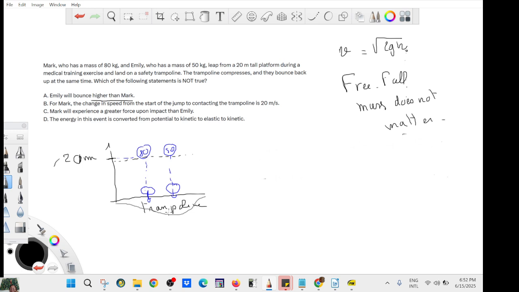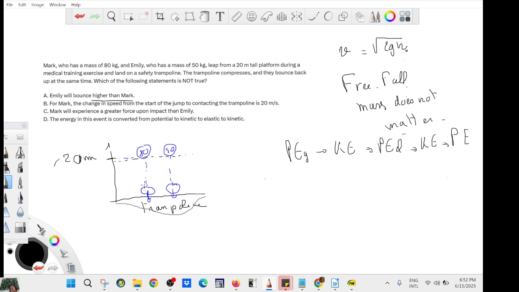And then they hit a trampoline. So that kinetic energy will be converted to elastic potential energy, back to kinetic, and back to potential energy. If you think of conservation of energy, you go from gravitational potential energy, then kinetic energy, then elastic potential energy, back to kinetic energy, and you go back to the same situation.